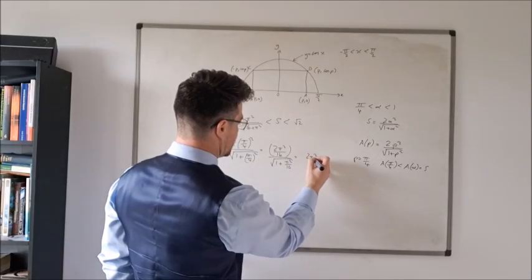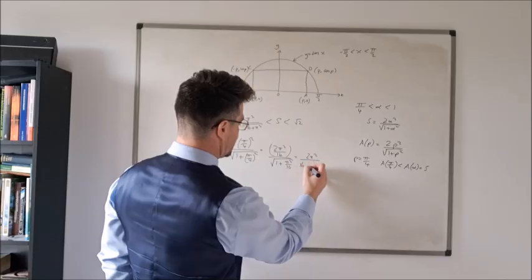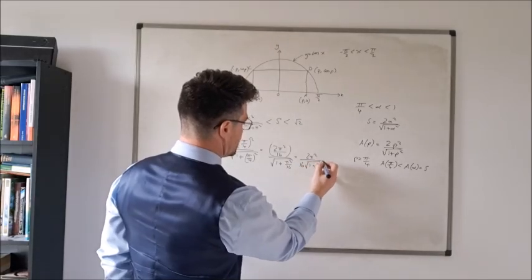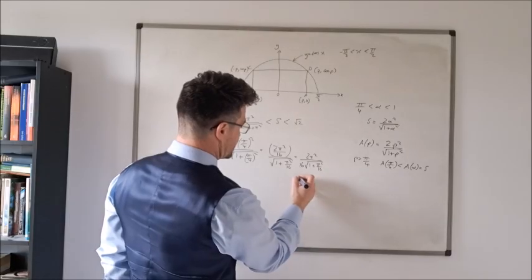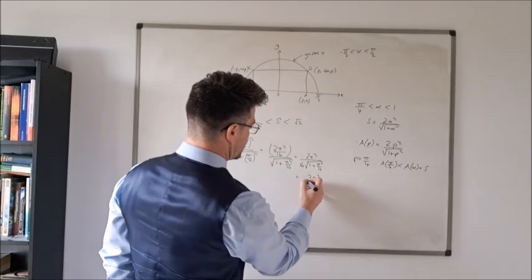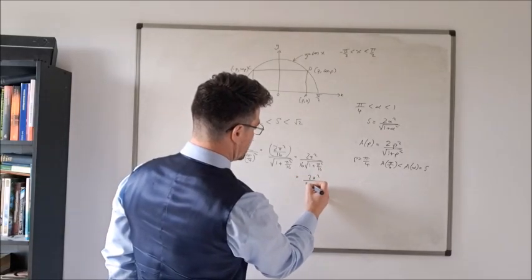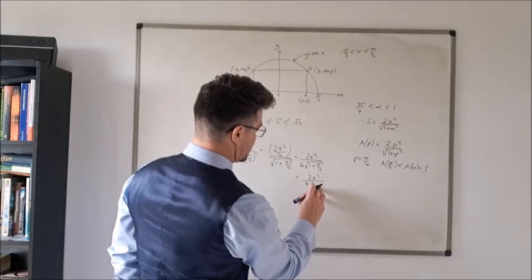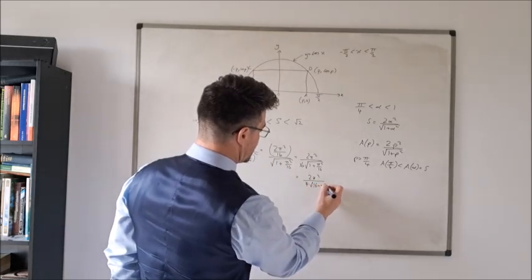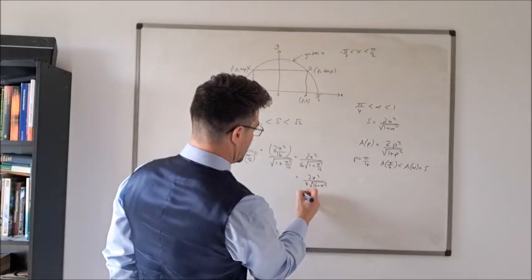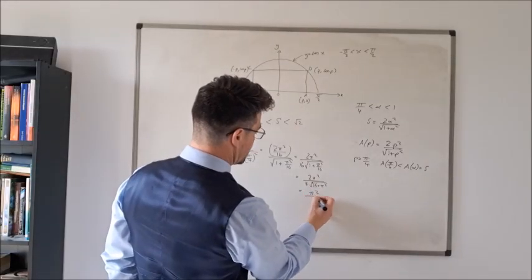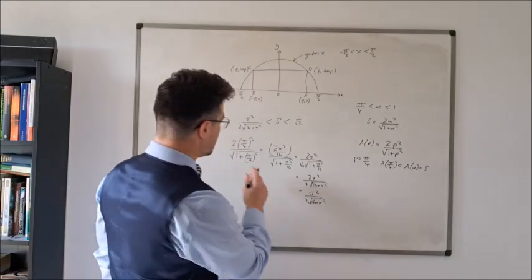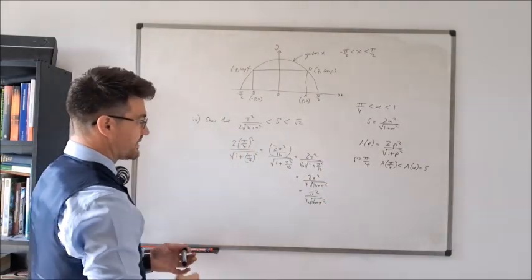So I get 2 pi squared over 16, square root of 1 plus pi squared over 16. Take the 16 out, 2 pi squared over 4 square root of 16 plus pi squared, and cancel by 2, get pi squared over 2 square root 16 plus pi squared, okay, which is what I need. That's true.